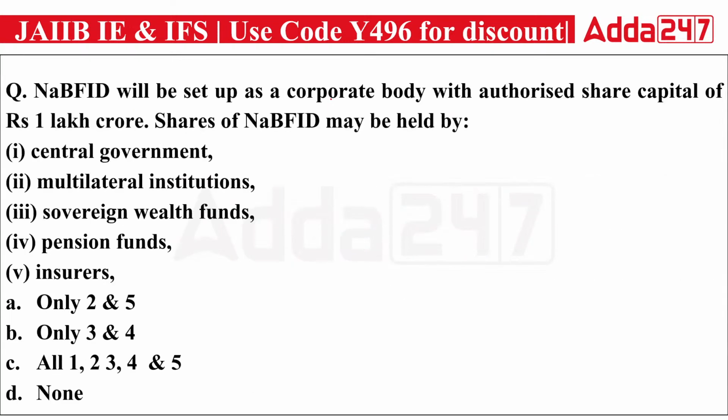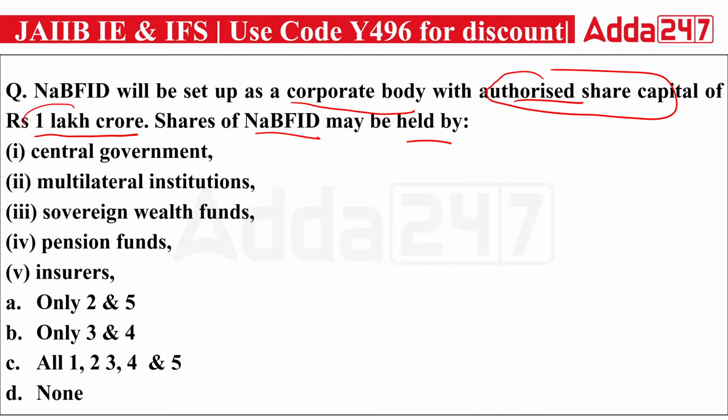Correct. Next question we have, NaBFID will be set up as a corporate body with authorized share capital of 1 lakh crore. So shares of NaBFID may be held by which of the following? Do remember that the authorized share capital of NaBFID is 1 lakh crore.